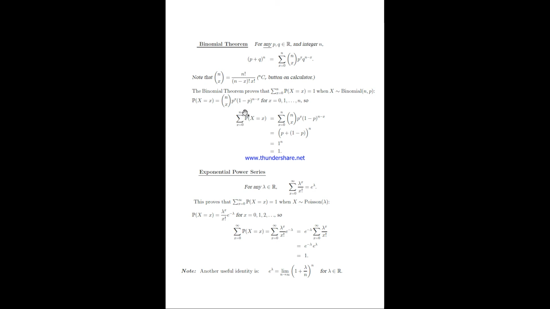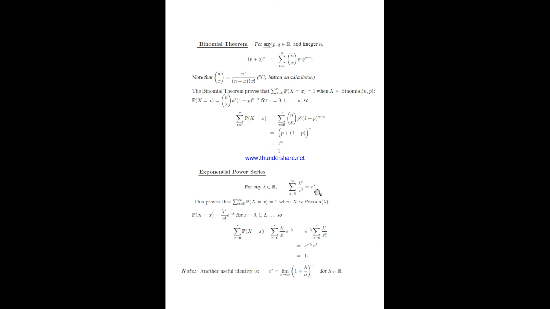So when you take all possible probabilities of the binomial distribution also, they add up to 1. So the same thing we can show with the exponential power series as well. What you have to remember is, if you take the summation of lambda to power x divided by factorial x, where x goes from 0 to infinity, this is equal to e to power lambda.